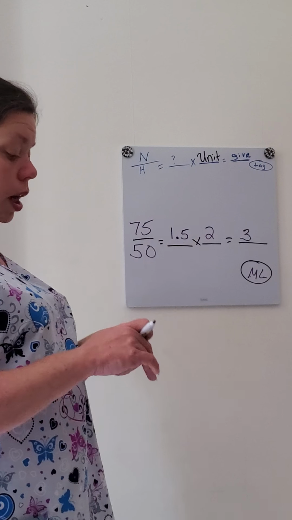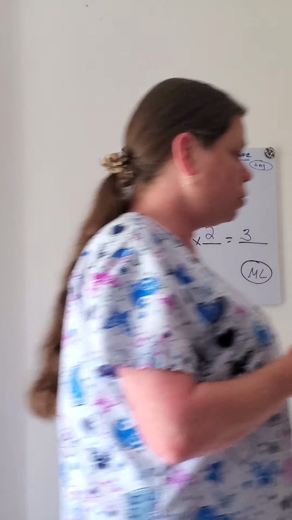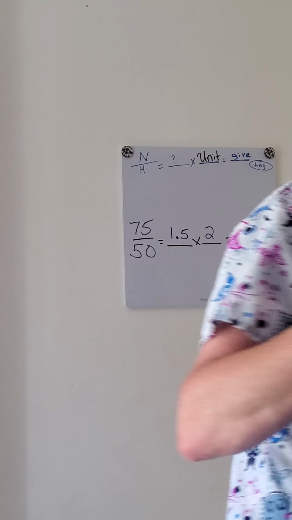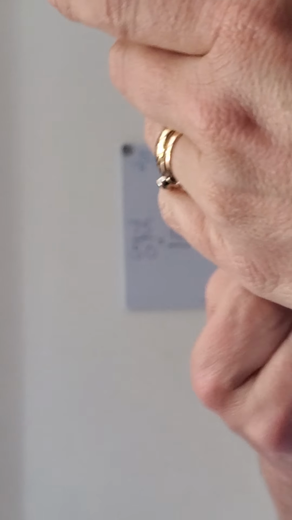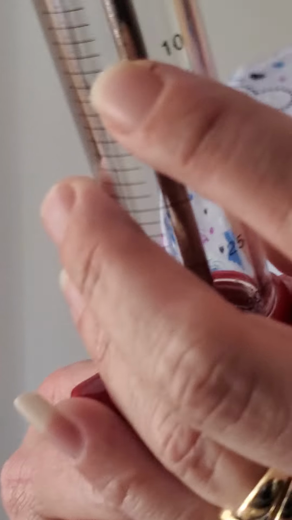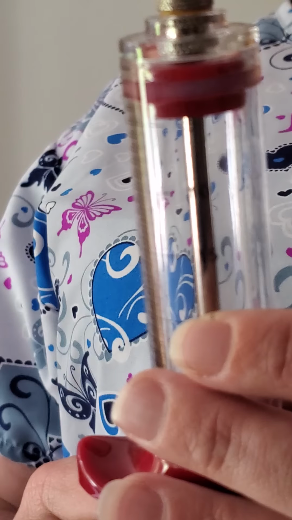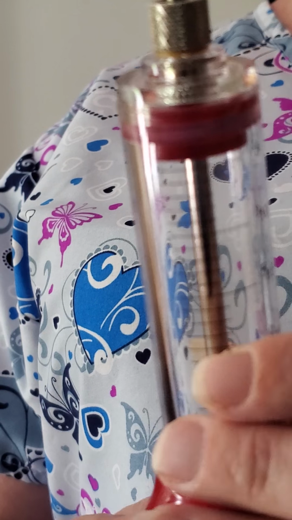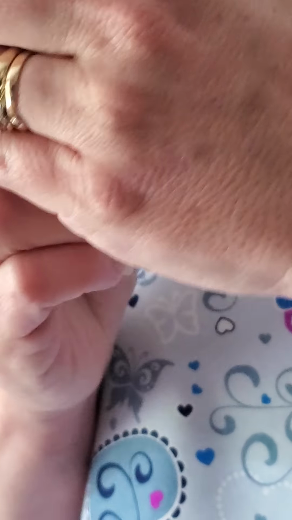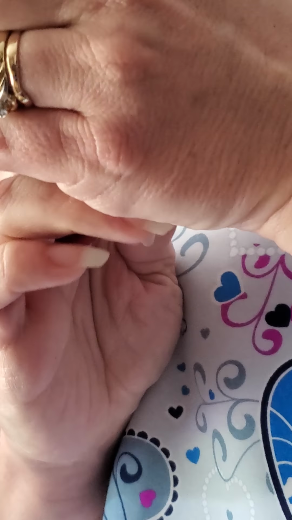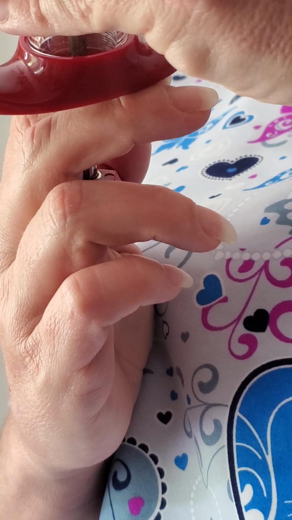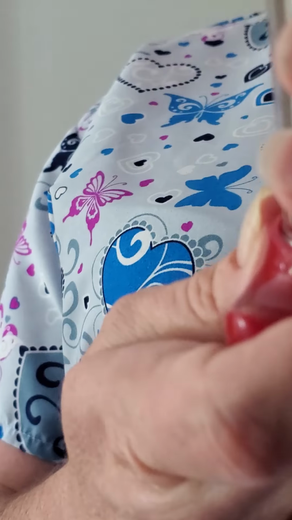Okay? And I can actually show you 3 ml on this syringe. This syringe has a line for every whole number. That's how this syringe is read. There's a line for every whole number. That's why number 5 is on the 5th line.